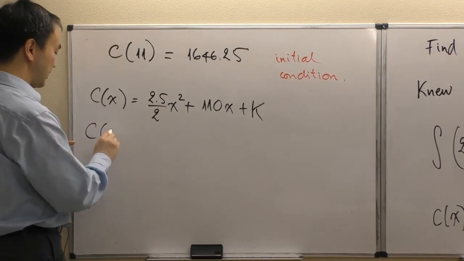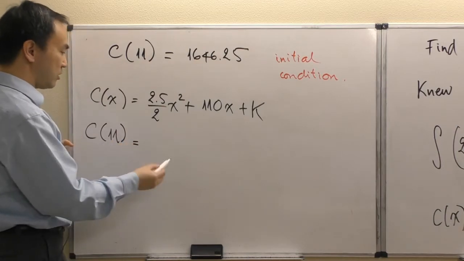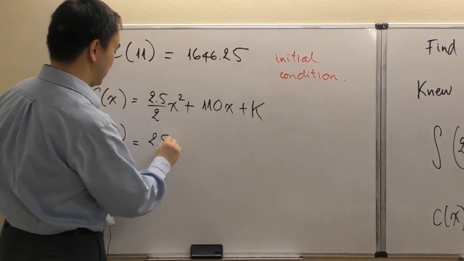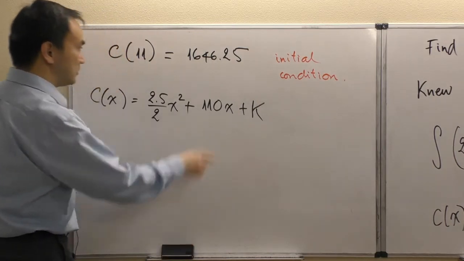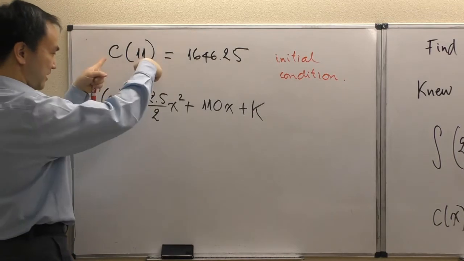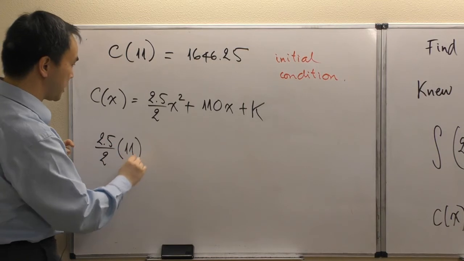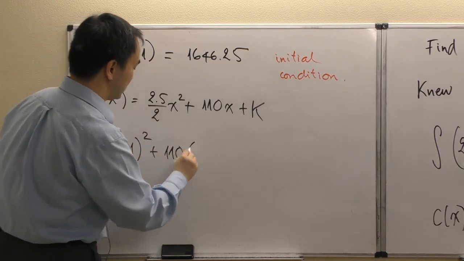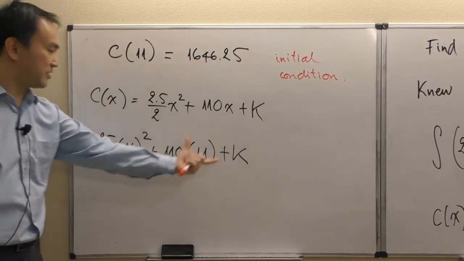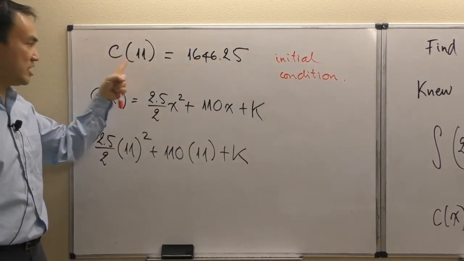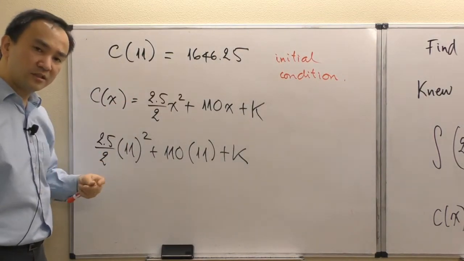So C of 11, the left-hand side of the initial condition, can be written as 2.5 over 2 times 11 squared, plus 110 times 11 plus k. That's precisely C of 11, our total cost function at a production level of 11 units.